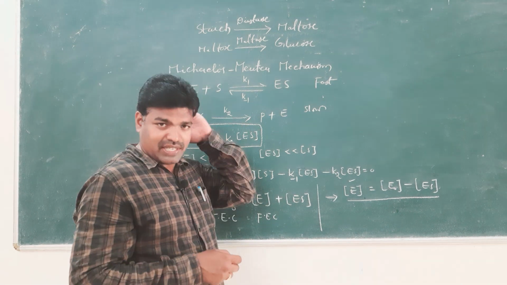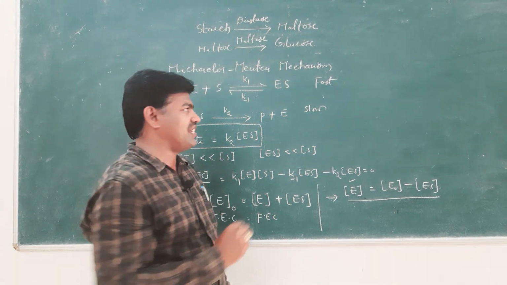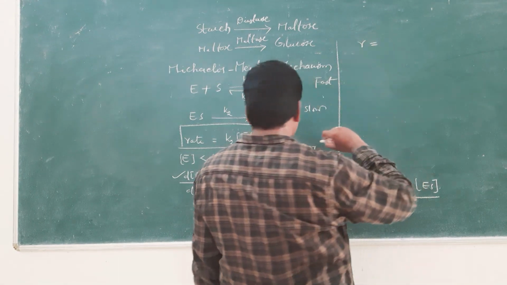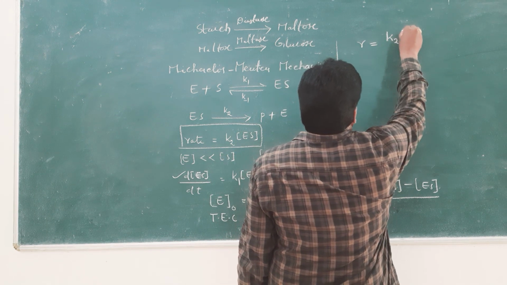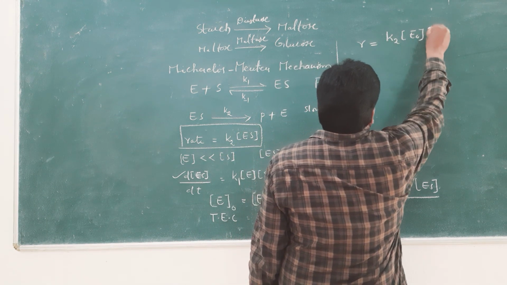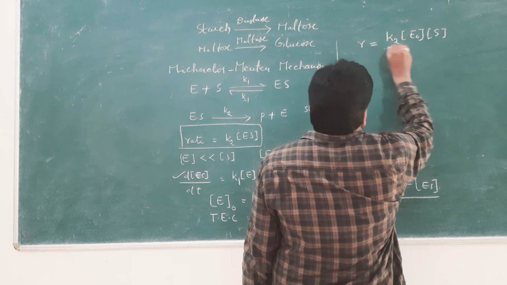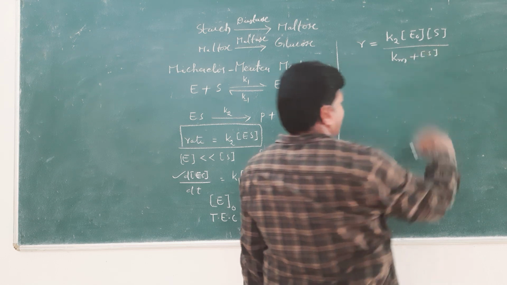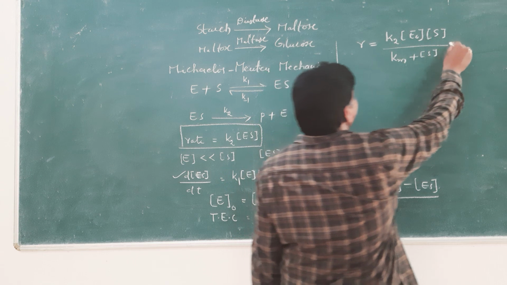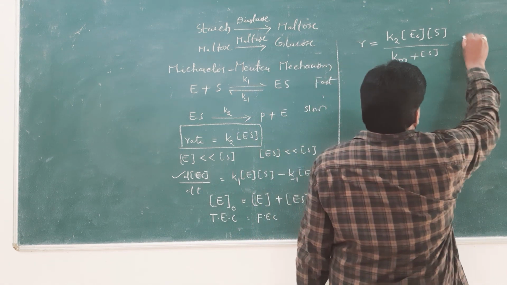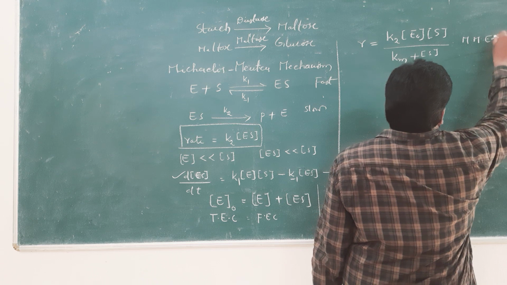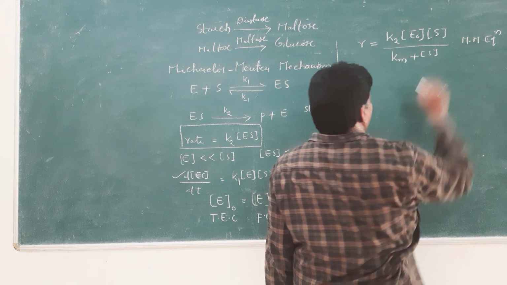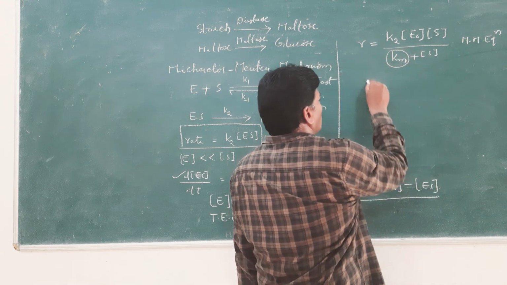When all these steps are done, we get the final equation, that is rate is equal to K2 into concentration of E naught into concentration of S by Km plus concentration of S. This is called Michaelis-Menten's equation.